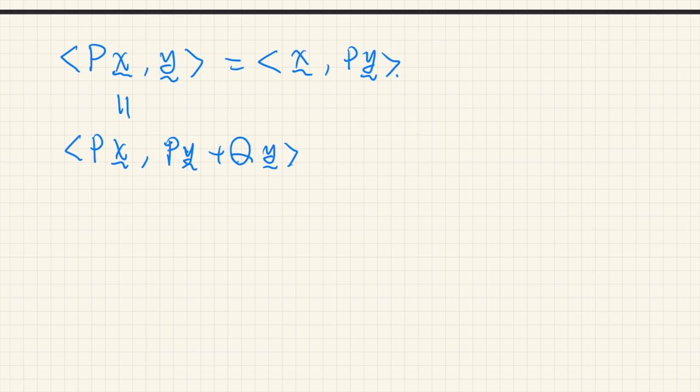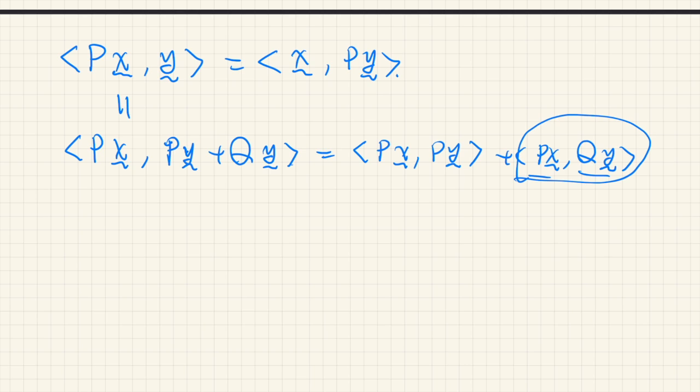So by the properties of the inner product, we can split this into Px, Py plus Px, Qy. But this and this are orthogonal, so this inner product is equal to 0. So we have only Px and Py.